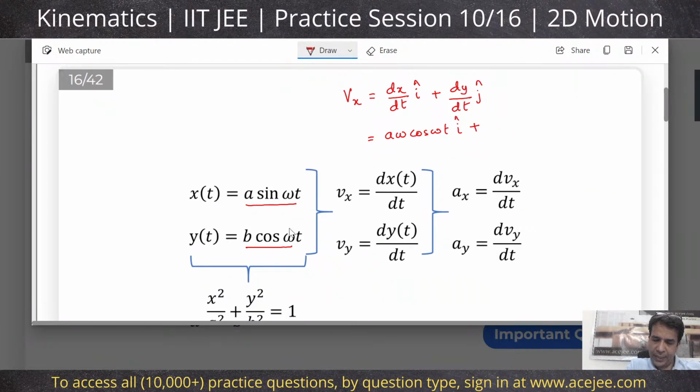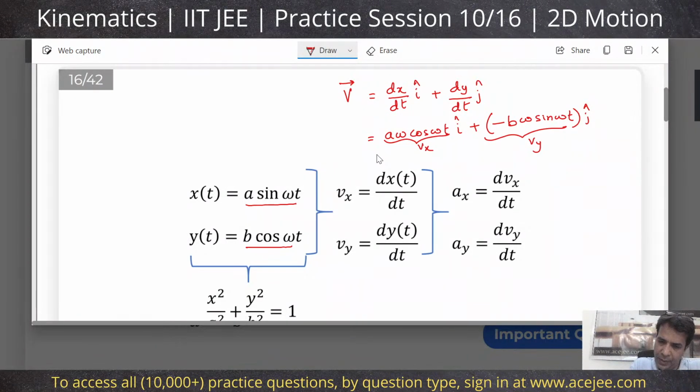What is dy by dt? Derivative of b cosine omega t. There will be minus b omega sine omega t j cap. I should have written the velocity vector, not just vx. So the velocity vector is this. This is the x component, and this is the y component.